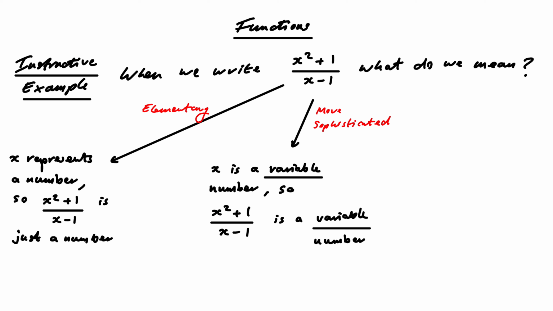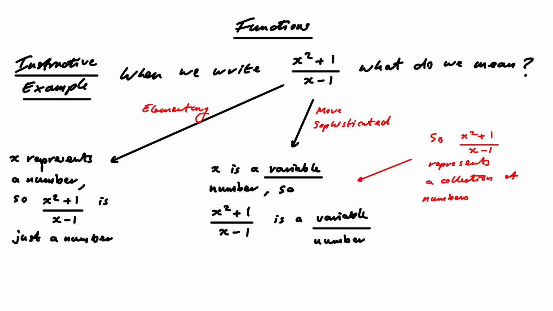So really, what I think we should be thinking here is the following. This x squared plus 1 divided by x minus 1 represents, in a sense, a collection of numbers, all sharing a common form. So it's not really just one, is it?